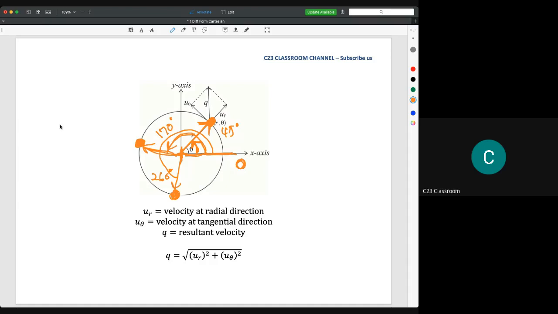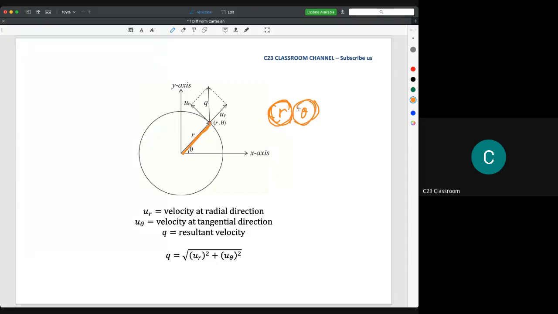So that is the way we show polar coordinates. We write them as r and theta, where r is the length of the radius and theta is the angle. The angle can be in a few units.